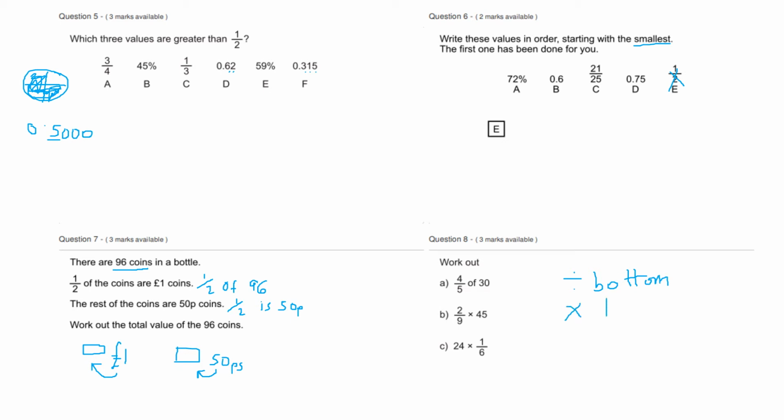So for example, if I wanted to know 4/5 of 30, then what I've got is 30 being split into 1, 2, 3, 4, 5 pieces, which is why I have to divide it by 5. So I know 30 divided by 5 is 6.